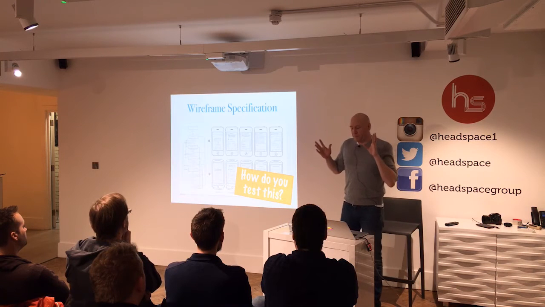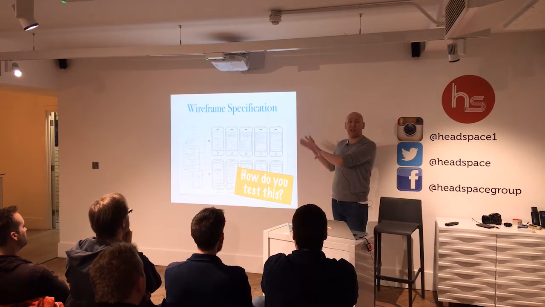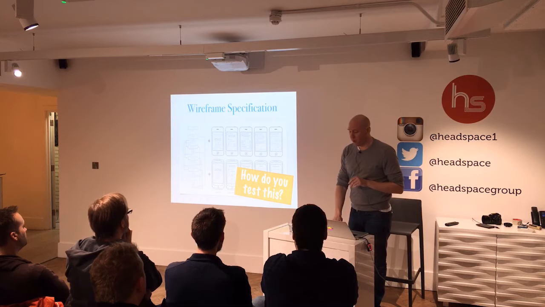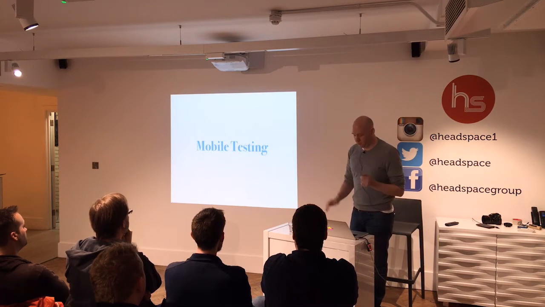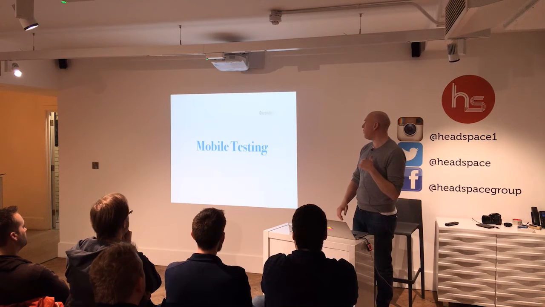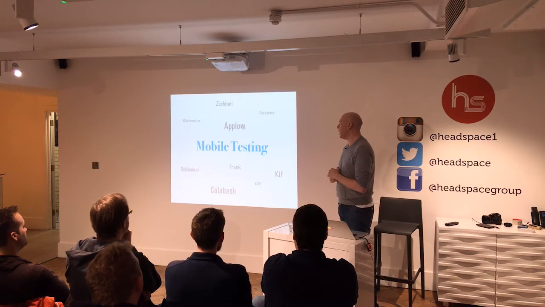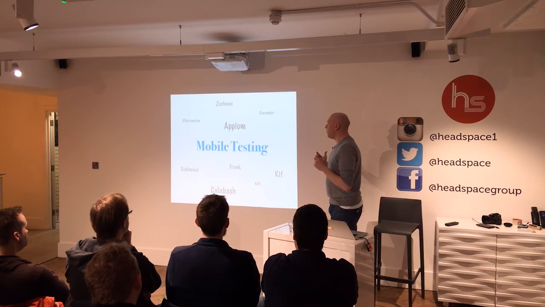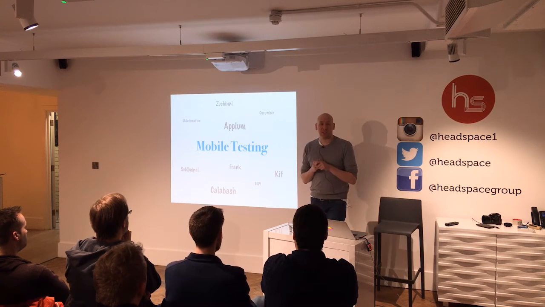So now there are attempts to test this. And in mobile, we do it with a whole bunch of different tools to help us test this stuff. On iOS, this is a list of some of the tooling which is out there, all for acceptance testing.